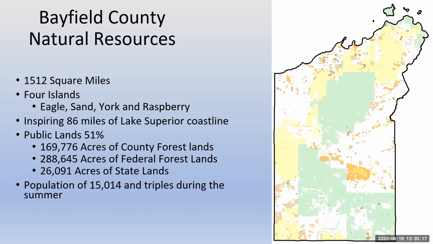The population in the county is about 15,000 people, and it typically triples during the summer. And this year is going to be fairly unique with COVID. I was up in Bayfield the other day, and it seems like quite a bit less people. Everybody is, I think, staying closer to home. Next slide.